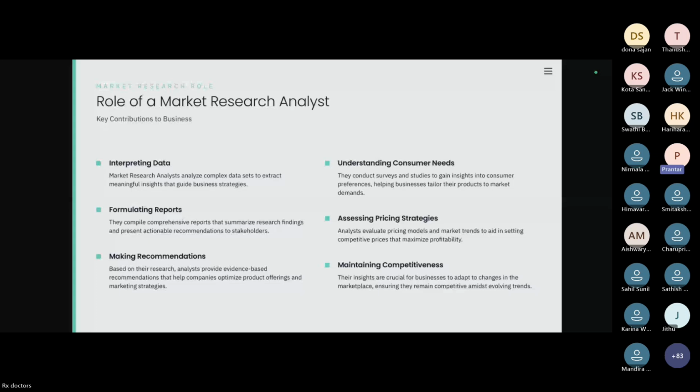Then the second step is formulating those data and making a final report about it, finding trends based on the data that has been received. Then from these trends, recommendations are made based on consumer needs, pricing strategies, and to analyze the competition and etc.